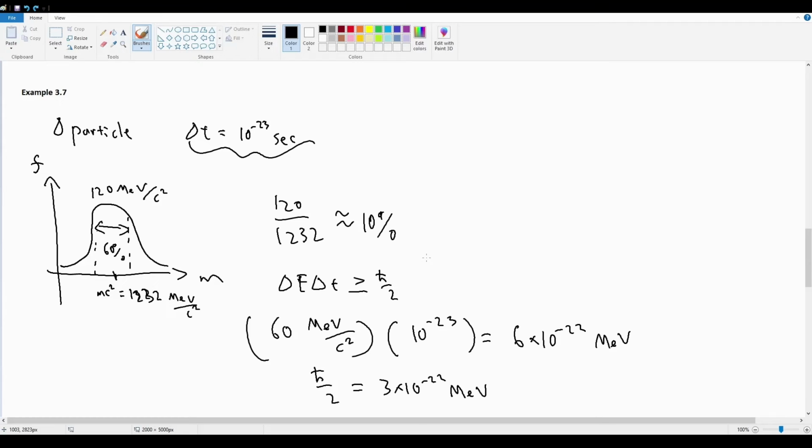So in this case, this is a very nice real-world example of something that does in fact behave in a quantum mechanical way, which is that, because this thing has such a short lifetime in which it can exist, there's not enough time for it to obtain a well-defined mass.